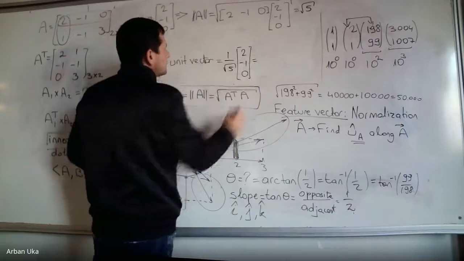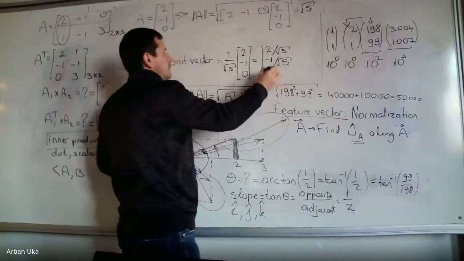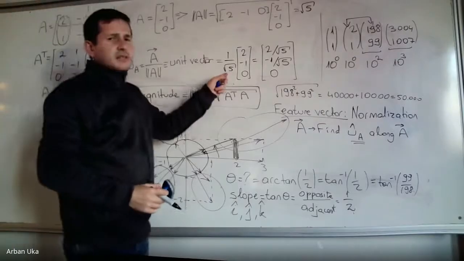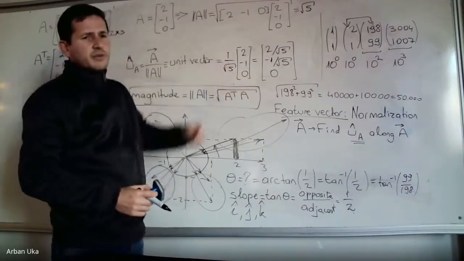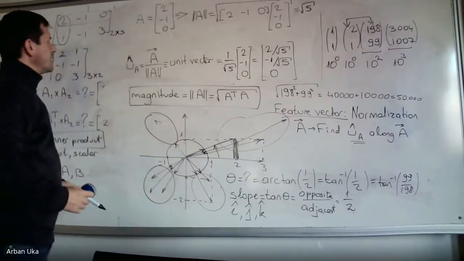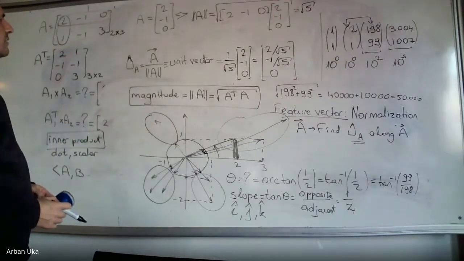And then it's going to be 2 over square root of 5, minus 1 over square root of 5, and 0 over square root of 5. That's correct. So here we use a property that any constant multiplying a matrix, we multiply each element of the matrix by the constant. This is how we can generate the unit vector.